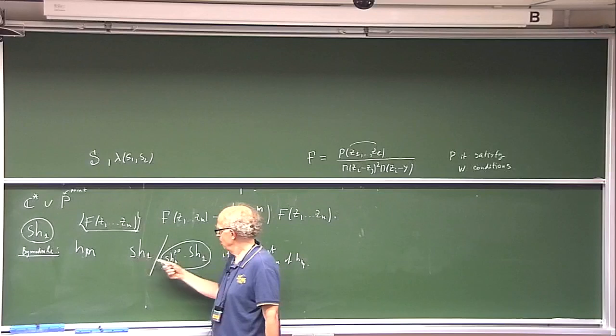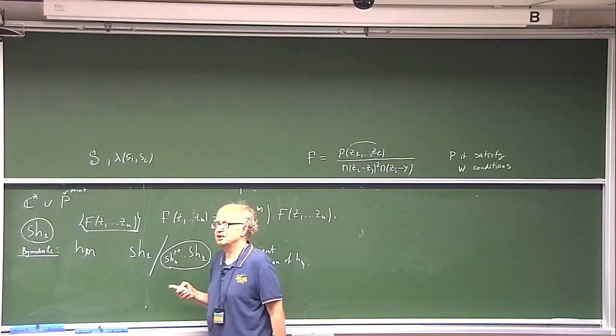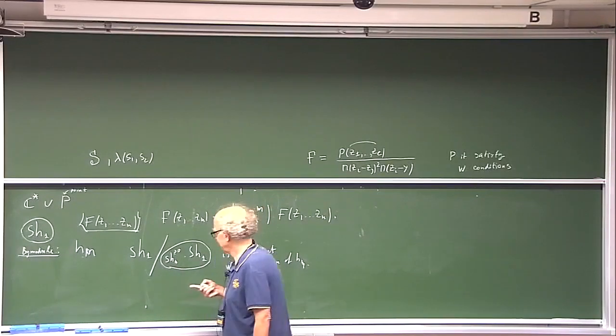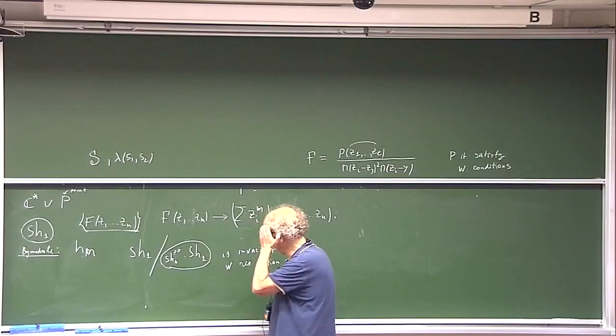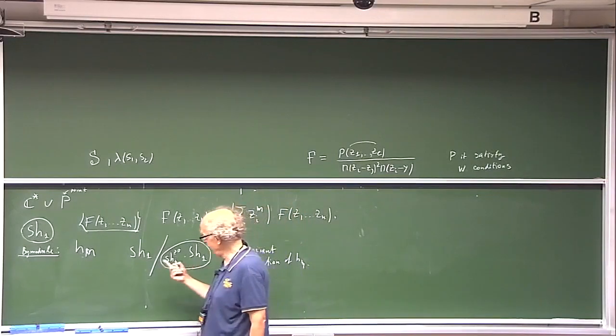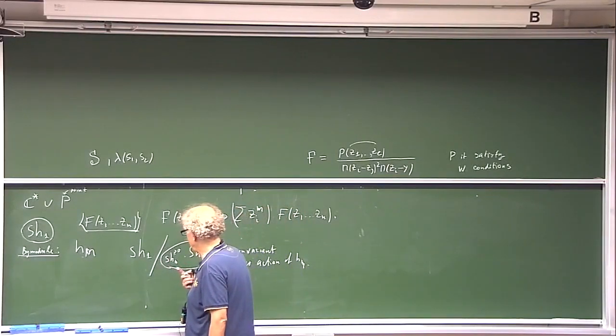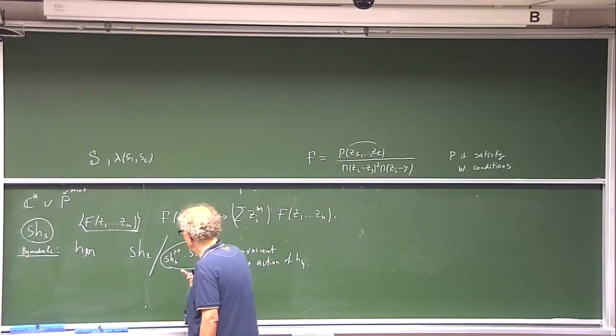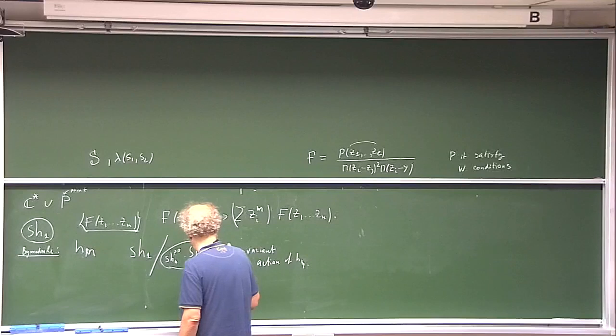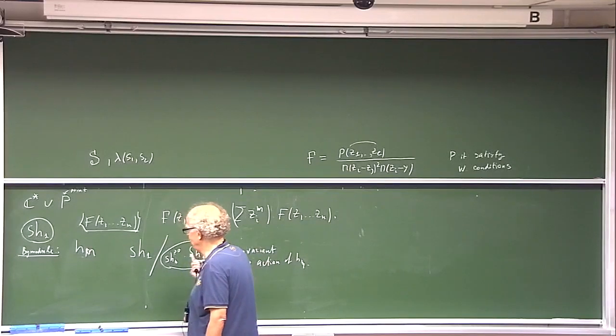Therefore, on the quotient, we have the action of operators Hi, and it gives us on the quotient the action of some commutative algebra.